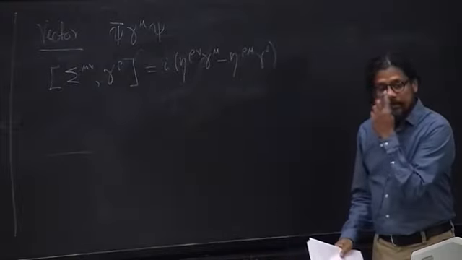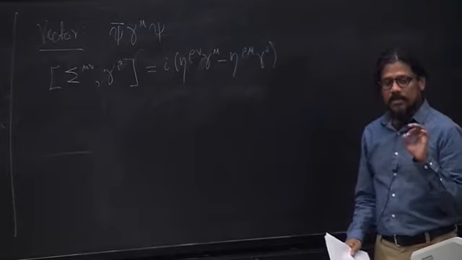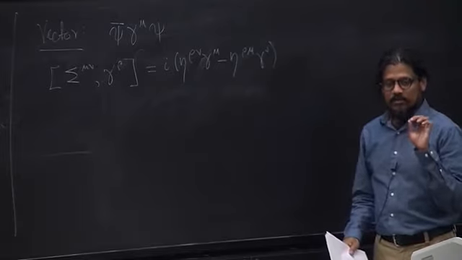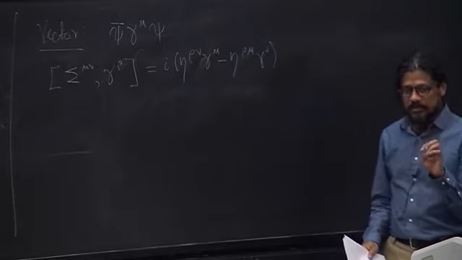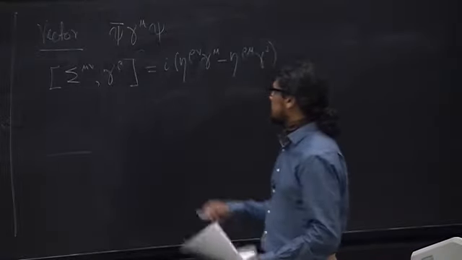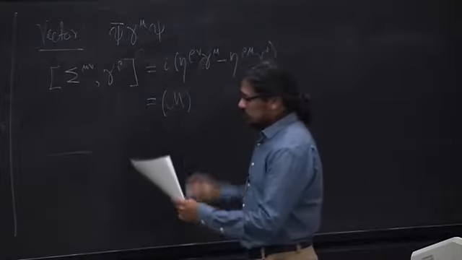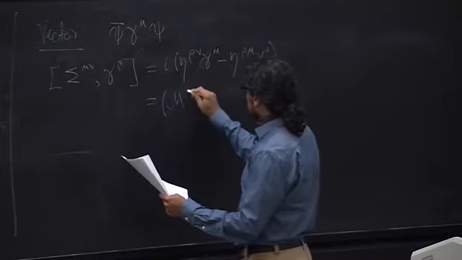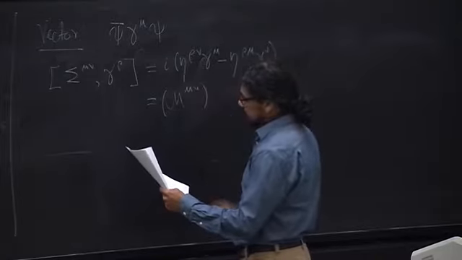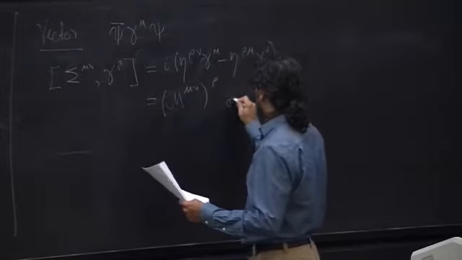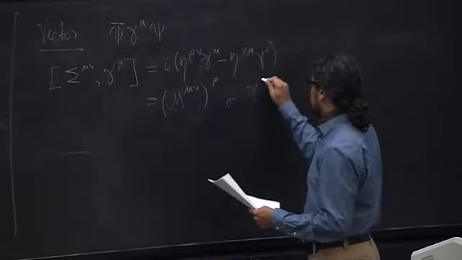If you look at the definition I gave of the generators of the Lorentz transformation, the fundamental representation, then this can be written as one of those generators, M mu nu, and you take the rho sigma component of the generator and contract it with a gamma matrix.